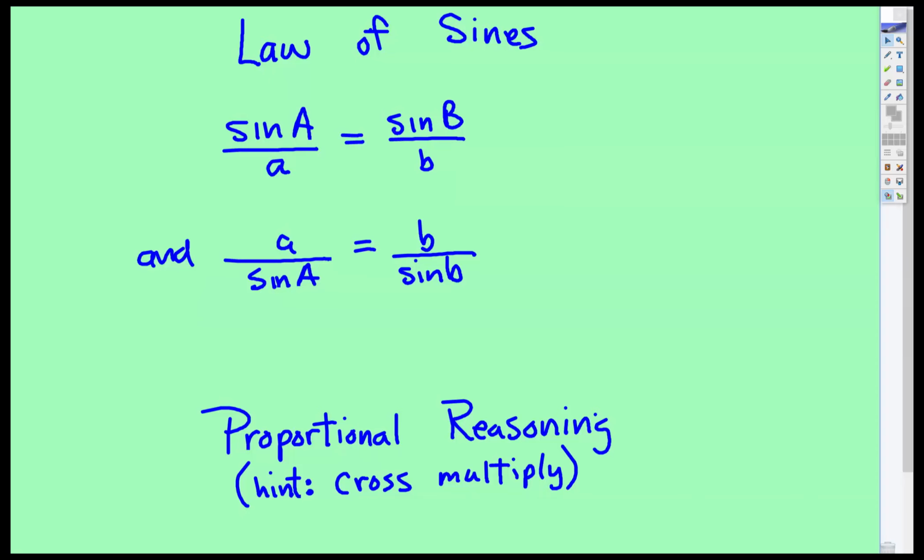Okay, I'm introducing a new way for you to solve triangles or to find information using what is called the law of sines. It simply says that things are proportional.